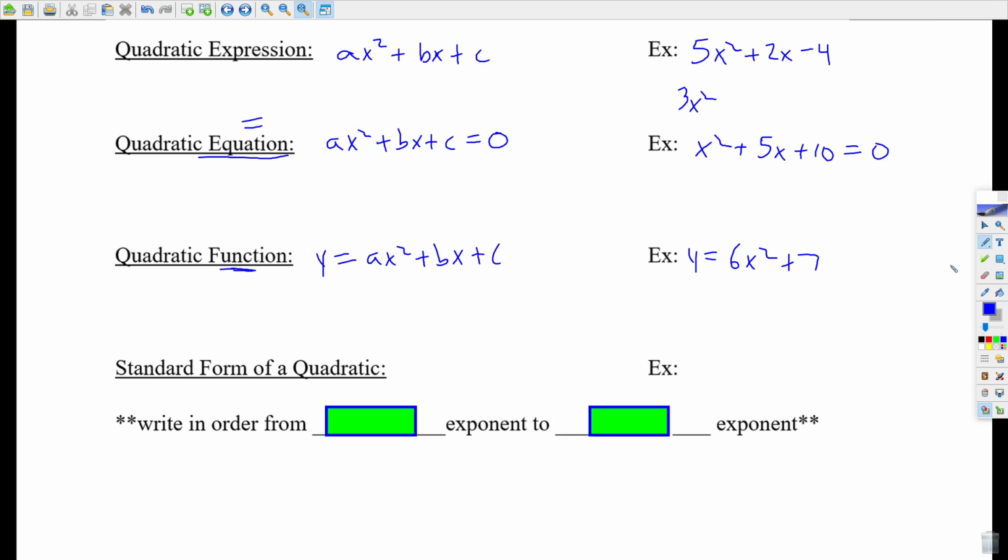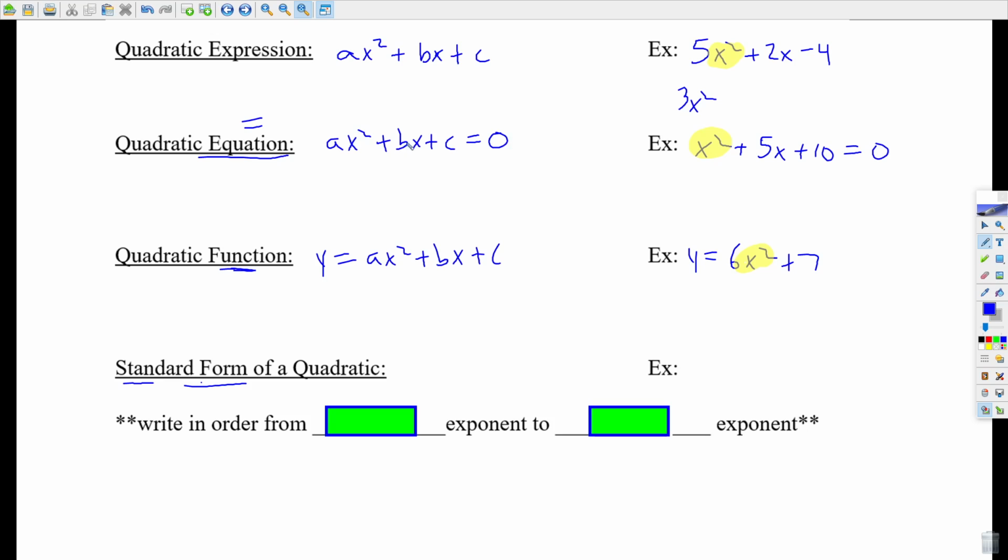Again, the key part here, and I'll highlight it, is to have an x squared. We need to have an x squared. That's basically what makes this a quadratic. What we just wrote in all three of these instances is called the standard form of a quadratic.